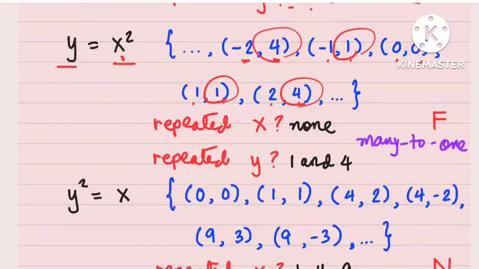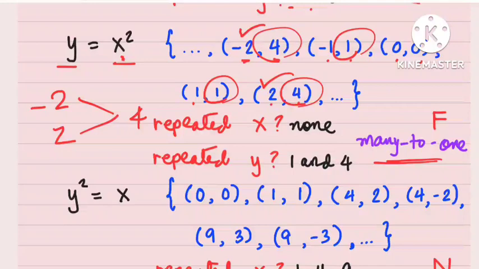But still, we take note that this correspondence is many to 1. Like -2 and 2, both are connected to 4. But if you think about it, -2 is connected to how many elements here? Just 1.